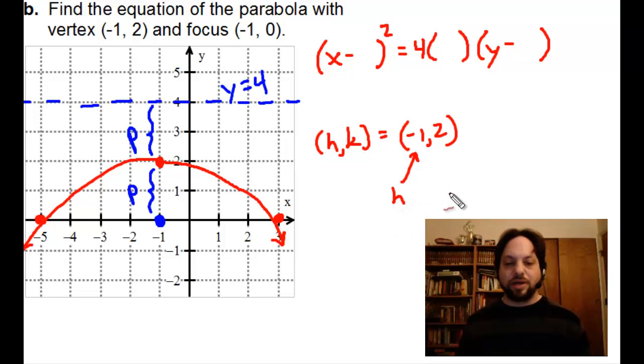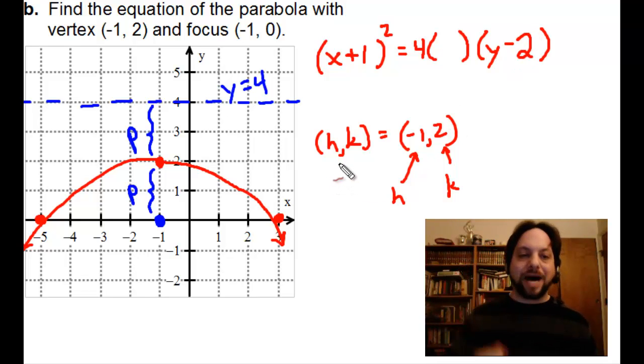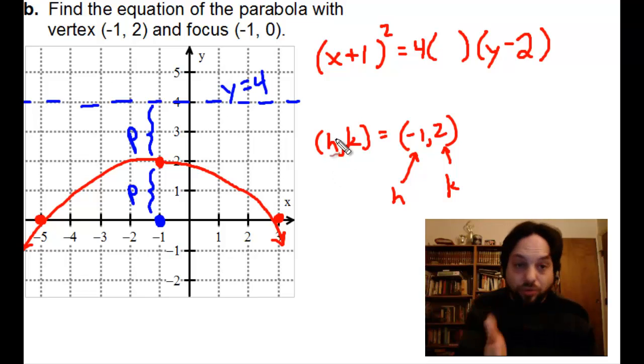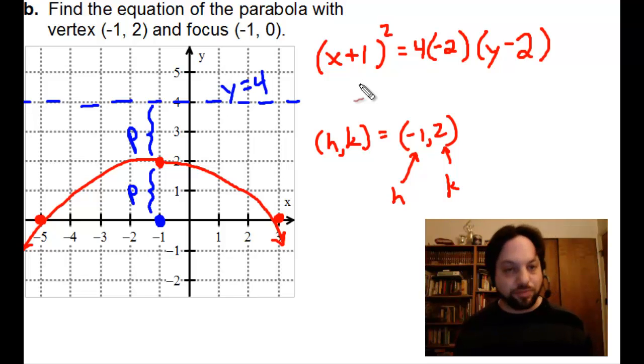It's going to be negative 1. k will be 2, so I can just go ahead and fill these in. If h is negative 1, that's actually going to make this x plus 1. This will be y minus 2. And if it were opening up, we'd have a positive p. We're opening down, so this must be a negative p. And as we said before, the p value is 2. So here is going to be our equation for this parabola.